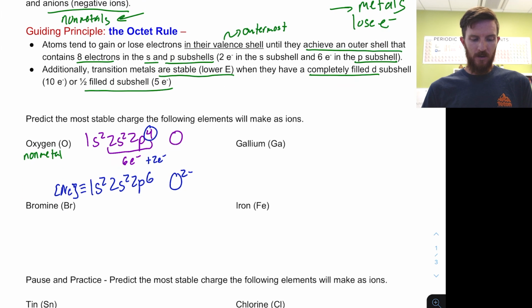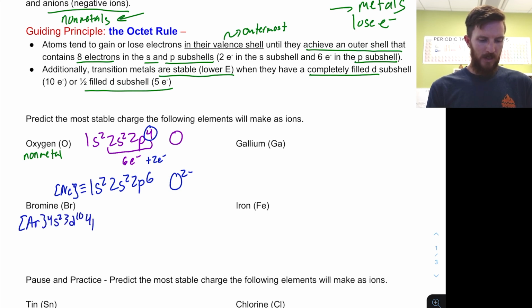Then let's go ahead and do bromine now. Let's use our shorthand here, and we'd see that bromine is argon 4s2 3d10 4p5, and we see it has 7 electrons in its valence shell, 5 in the p and 2 in the 4s.